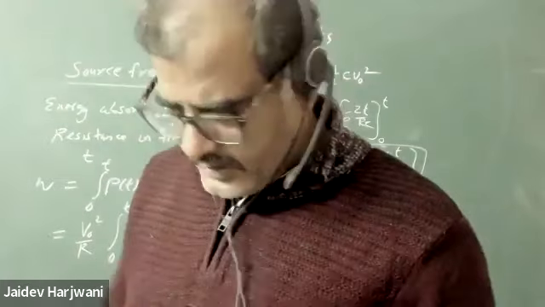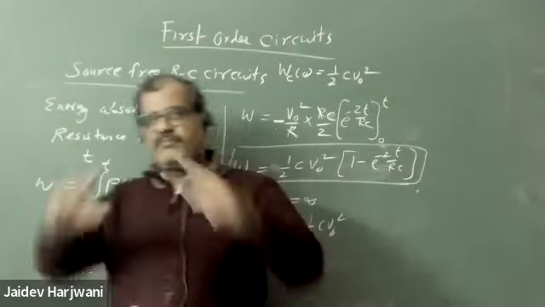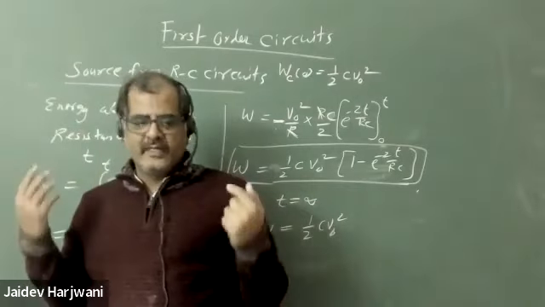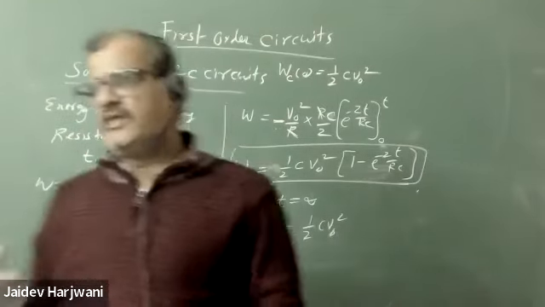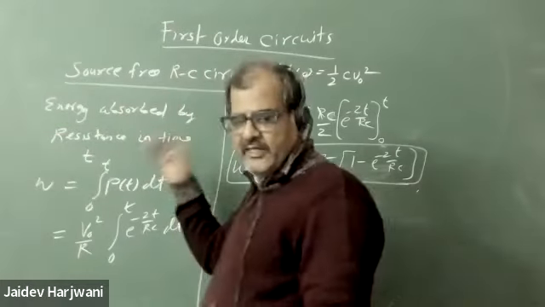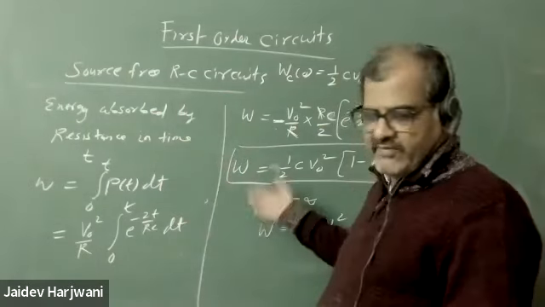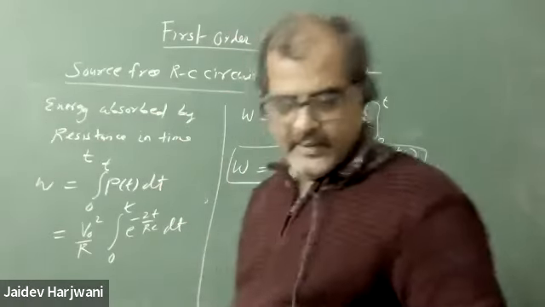Now how to deal with such circuits? This was a simple circuit with a simple R and C, and we were given the initial voltage V naught, so we can calculate the voltage across the capacitor at any later time t. We can also calculate how much power is absorbed by resistance in time t.